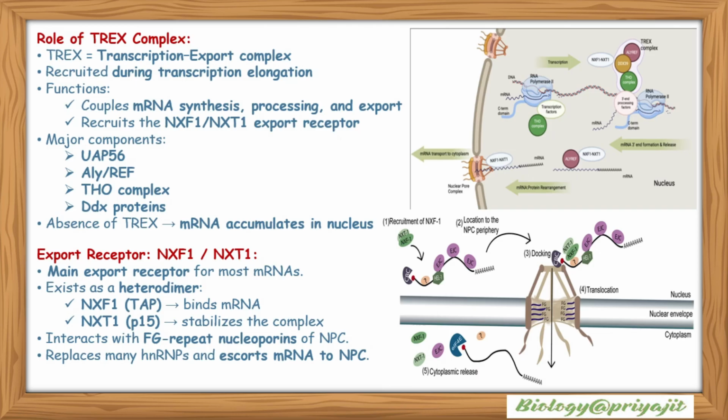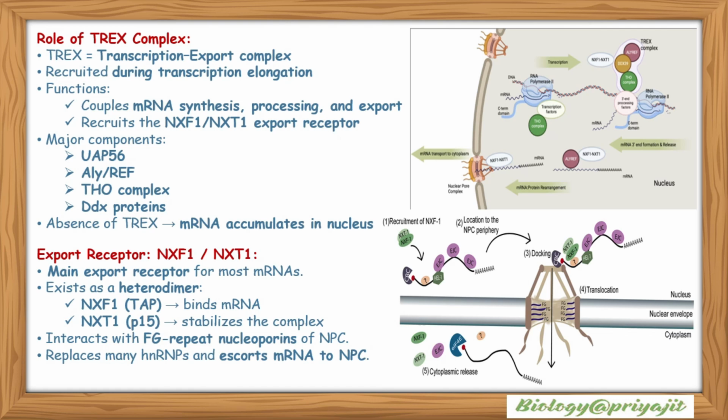Major components include UAP56, ALY/REF complex, THO complex, DDX protein, etc. In the absence of the TREX complex, mRNA accumulates in the nucleus and cannot be transported from the nucleus to the cytoplasm for the further translation process.